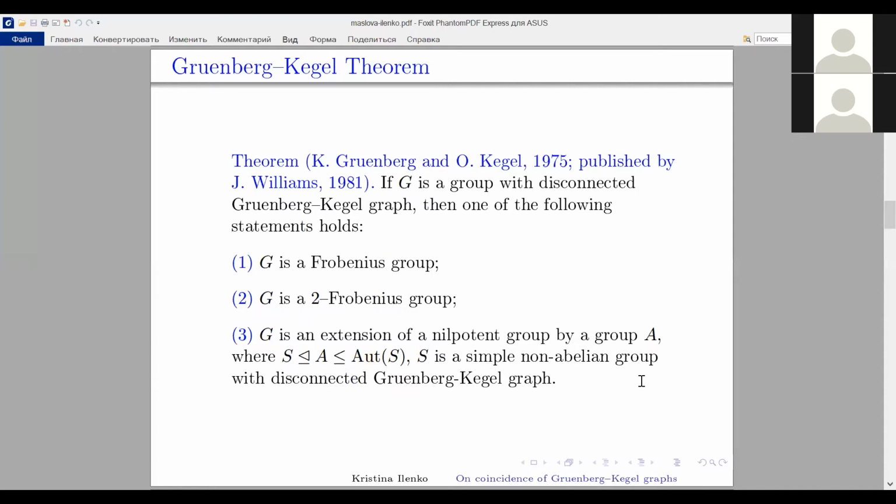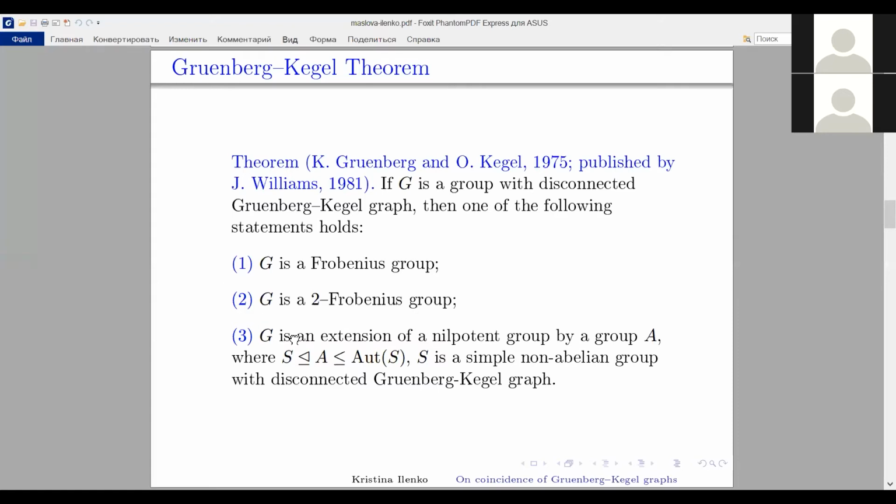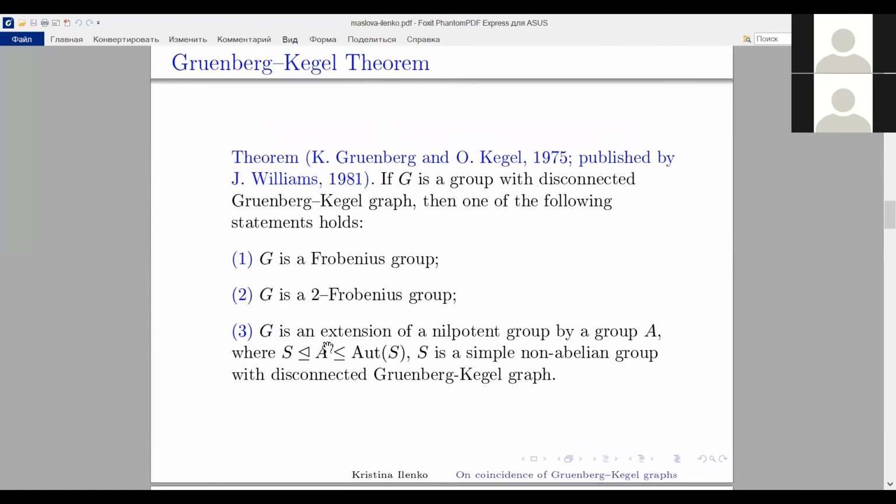Let's recall the Gruenberg-Kegel theorem. The Gruenberg-Kegel theorem describes all groups with disconnected Gruenberg-Kegel graph, so it is a useful and interesting result. If G is a group with disconnected Gruenberg-Kegel graph, then one of the following statements, which you can see on the slide, holds.